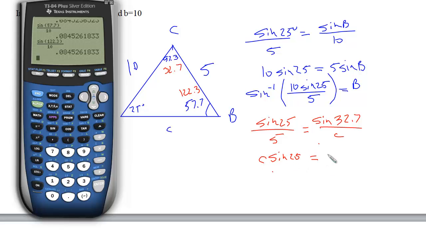And then we will divide. So C equals 5 times the sine of 32.7 over sine of 25.